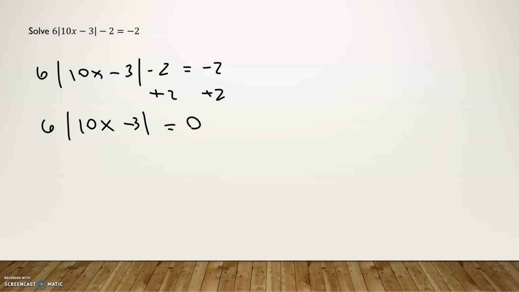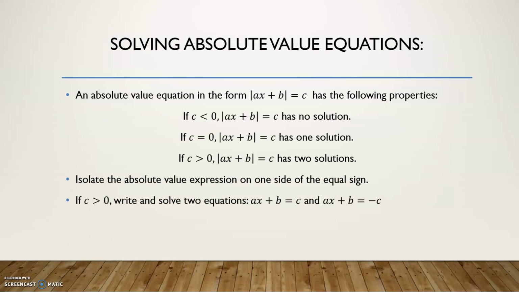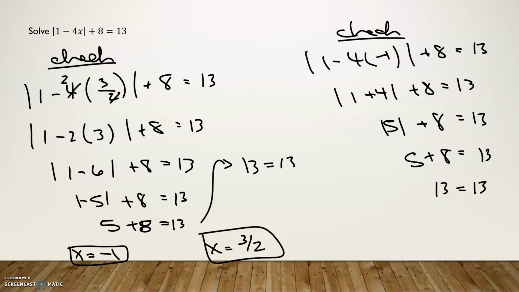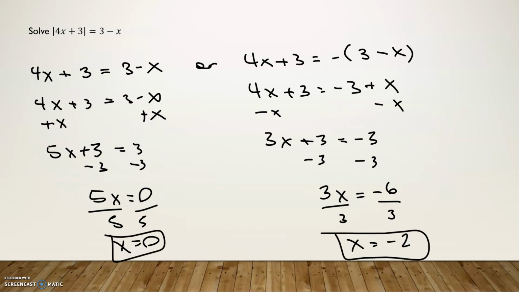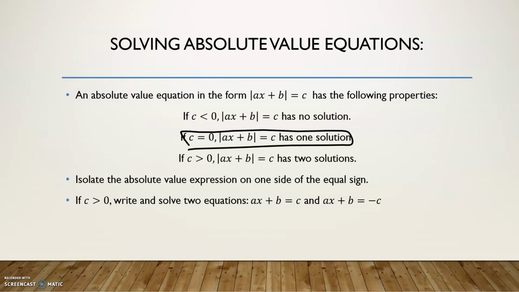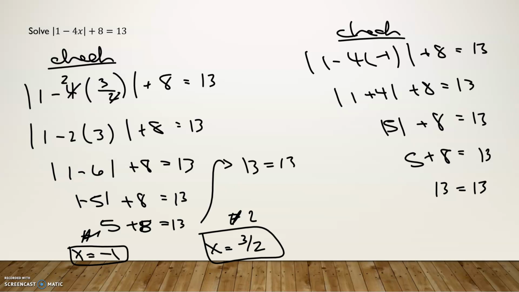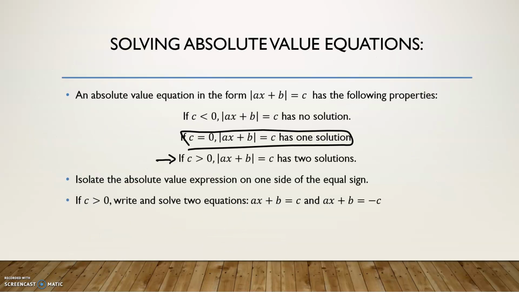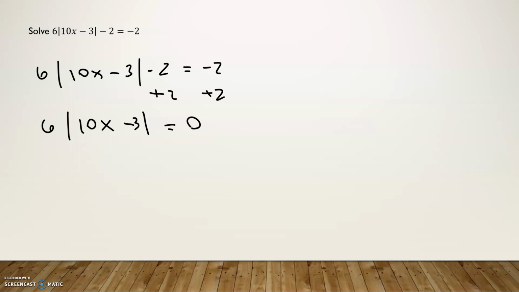Now if I've got an expression that is equal to 0, like we do here, we should have one solution. The one that we just did, this was equal to a positive number, and we had 2 solutions. So we were actually looking at this one right here for that example. But the one we're on right now is equal to 0, so I should have one solution.